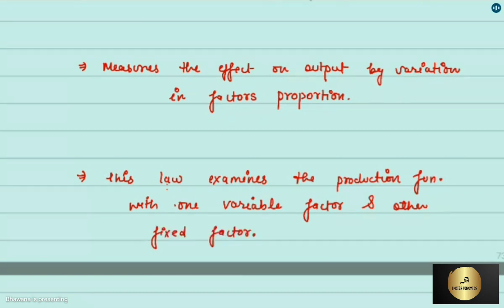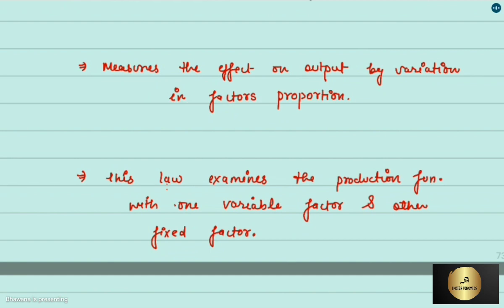In short, this means that when you have two inputs like labor and capital, you keep one input fixed and then change the units or the employment of the other factor. Vary the proportion of the other factor, then see how that change in proportion will affect your output.